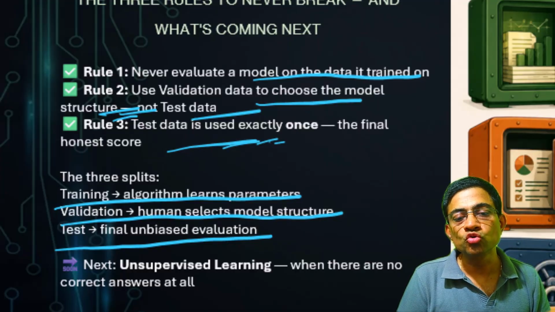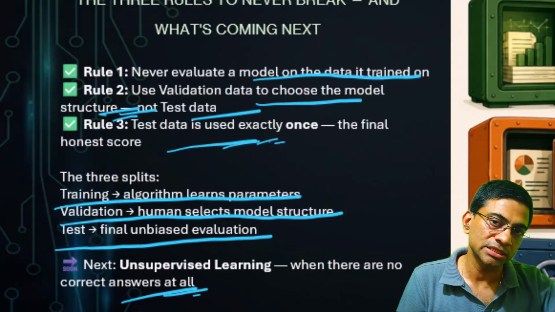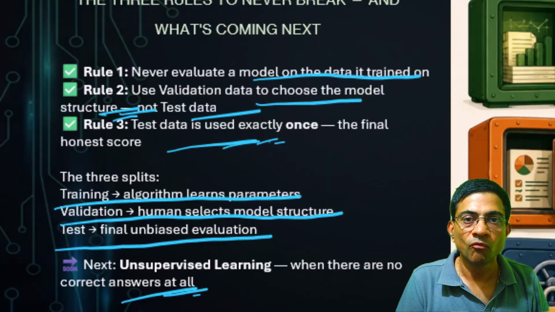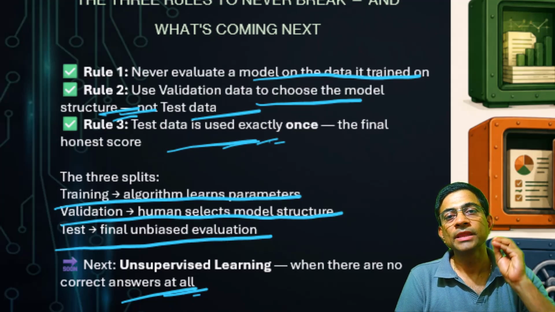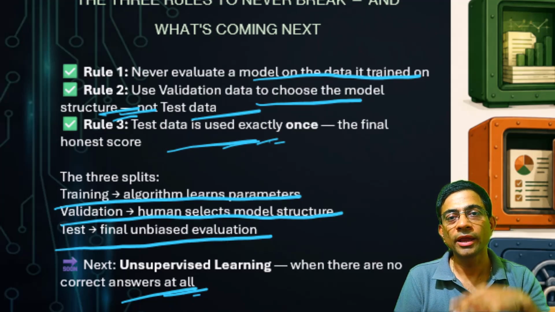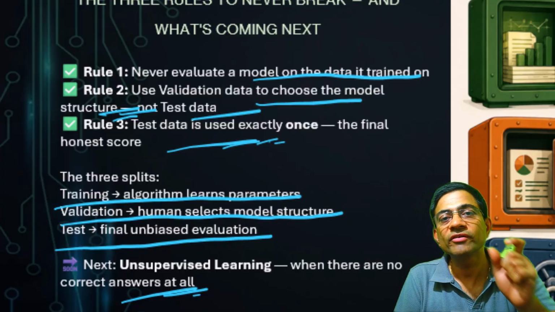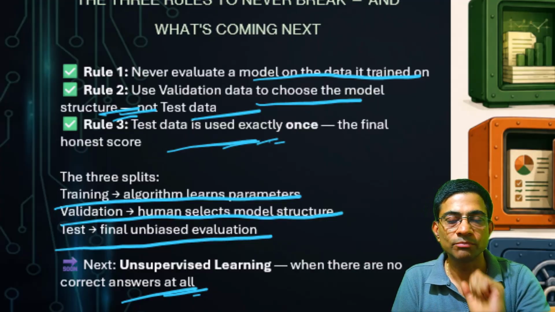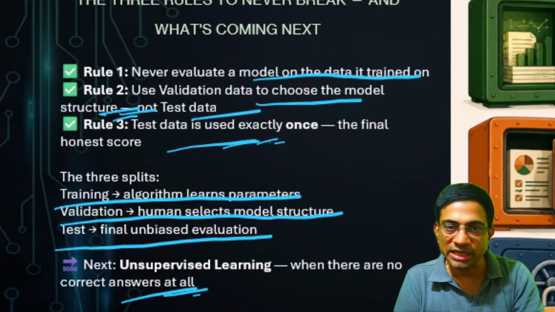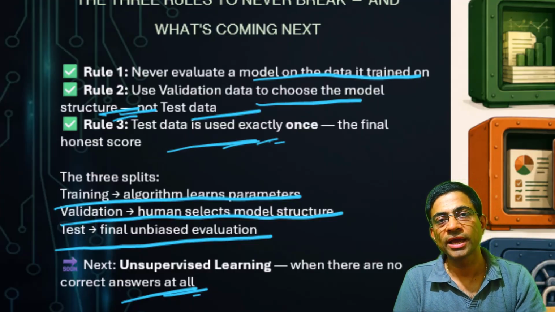What we are going to do next is something completely different from what we have been doing for the last few weeks. What we have done is basically we have always given a label. Let it be regression, let it be classification. In regression, we gave a number, for example the price in the housing example. And in classification, we gave yes or no, higher than, lower than, all those things.